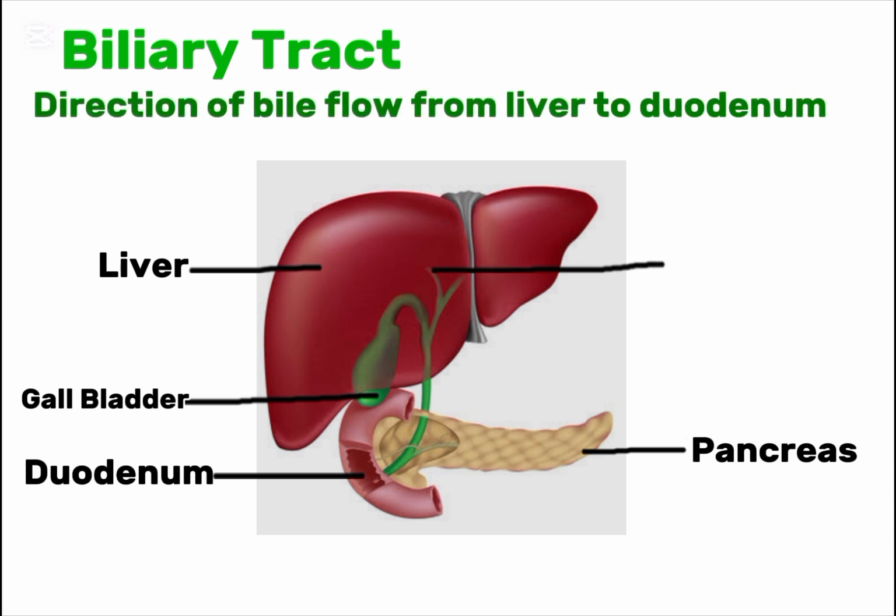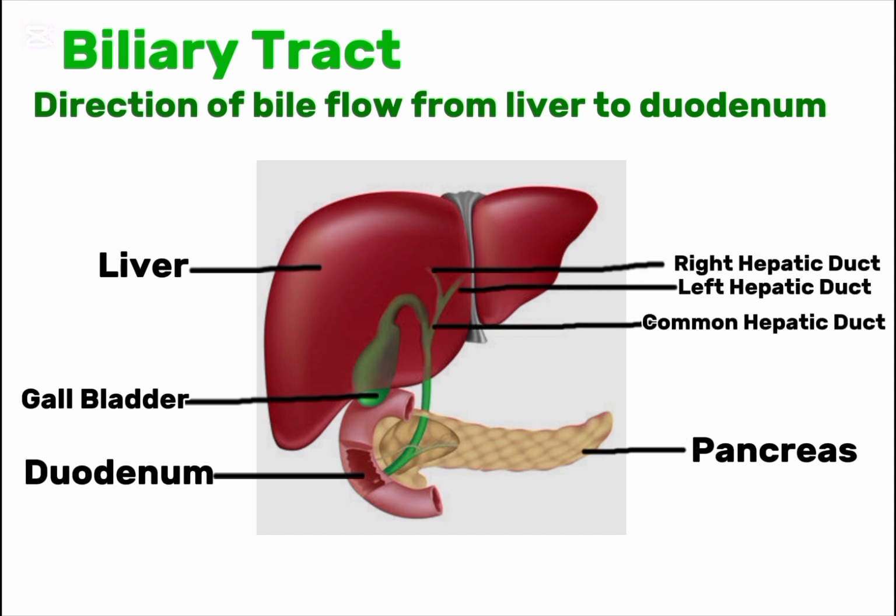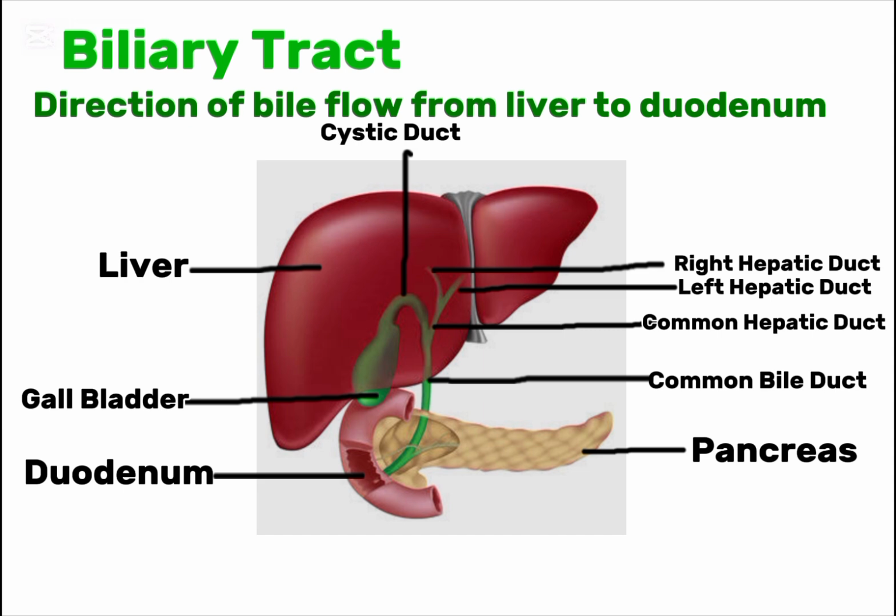This is right and left hepatic duct that join to form the common hepatic duct. This common hepatic duct passes downward and joins the cystic duct from the gallbladder. Cystic duct and common hepatic duct merge to form the common bile duct that is about 7.5 centimeter with diameter of 6 millimeter.